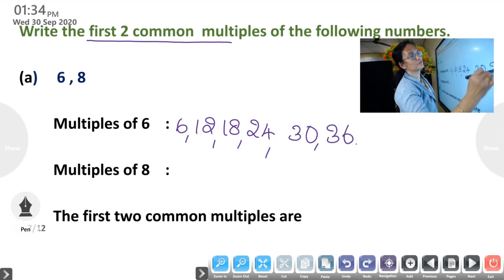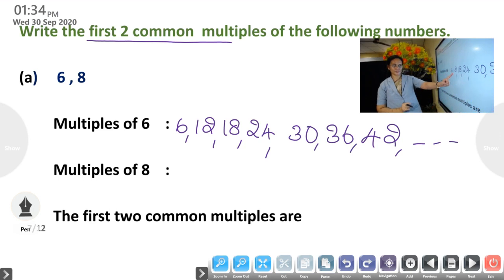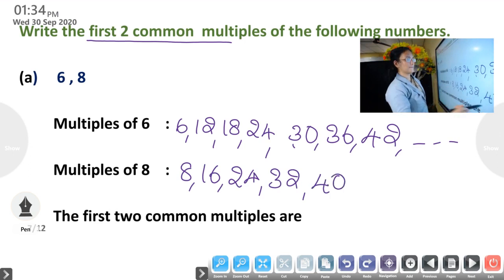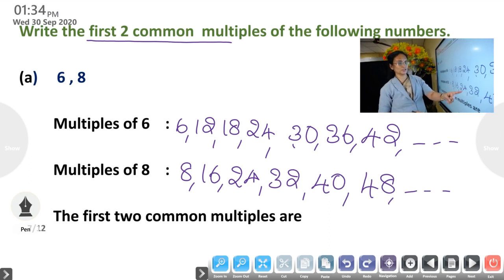See, 1 into 6 is 6, 2 6 are 12, 3 6 are 18, 4 6 are 24, 5 6 are 30, 6 6 are 36, 7 6 are 42, etc. Then multiples of 8: 8, 16, 24, 32, 40, 48, etc.